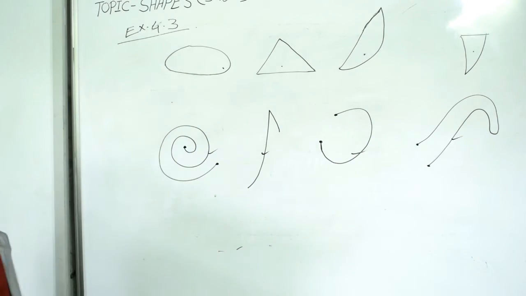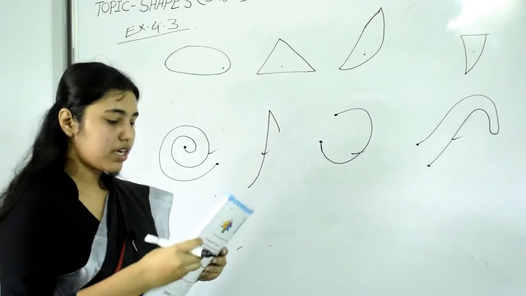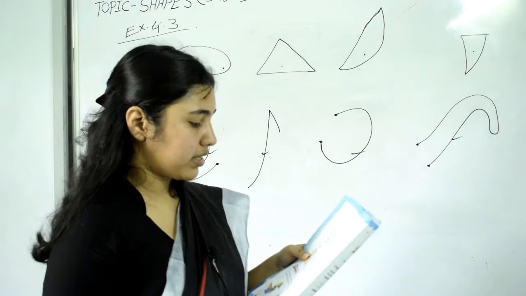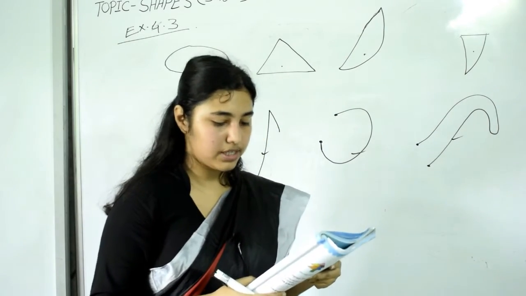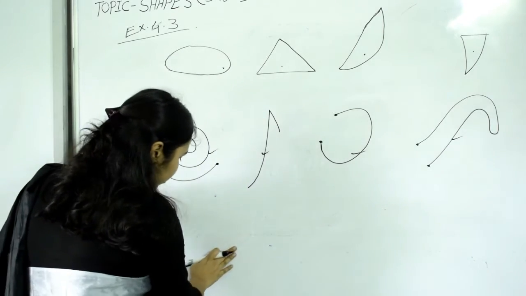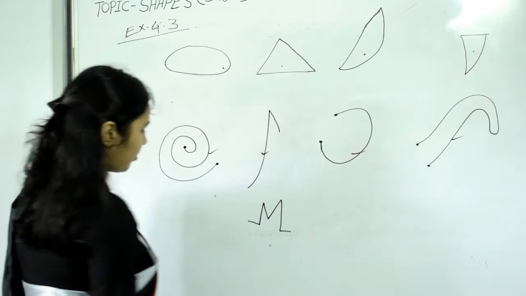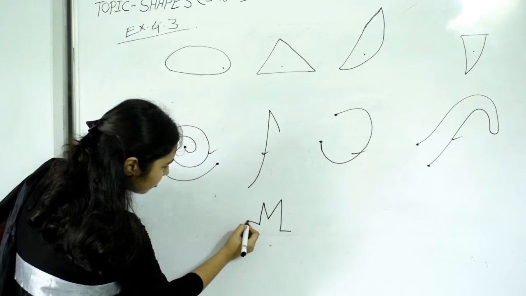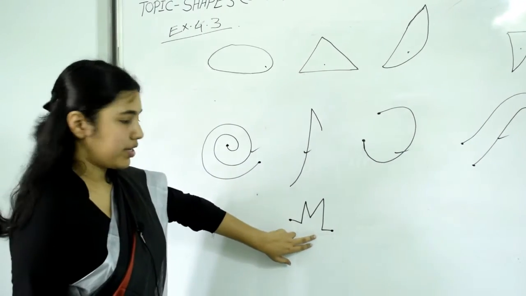Now in your exercise 4.4, question number 5, which letters in the English alphabet are closed figures and which are open? So consider M. Here the starting point and the end point are different, right?